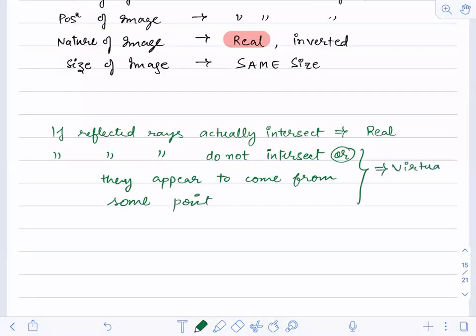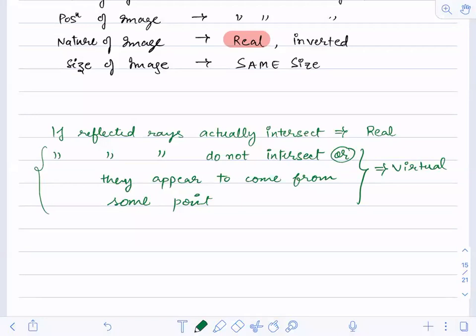In the last case you will be able to understand this difference, this point: they appear to come from a point, or they do not intersect. You'll understand in the last sixth case, because the sixth case is the virtual case.